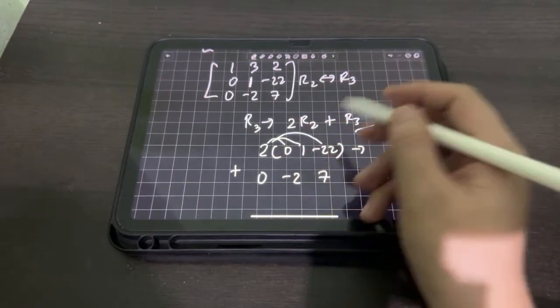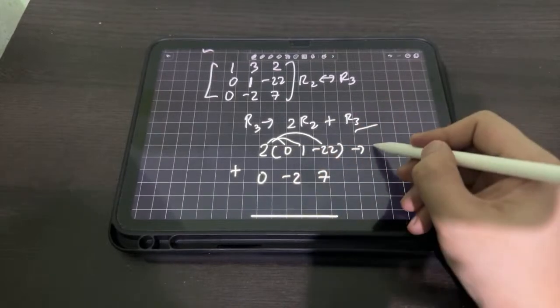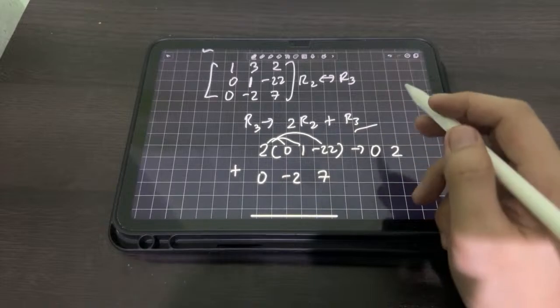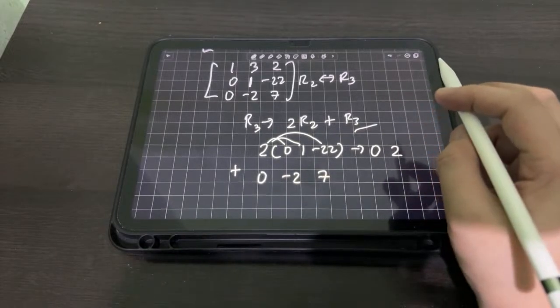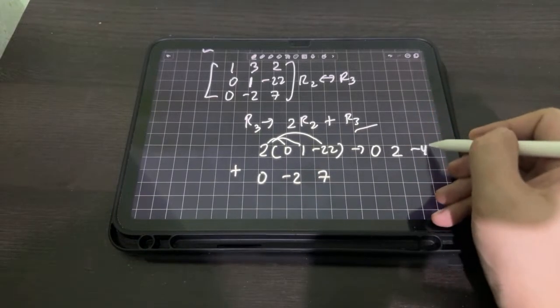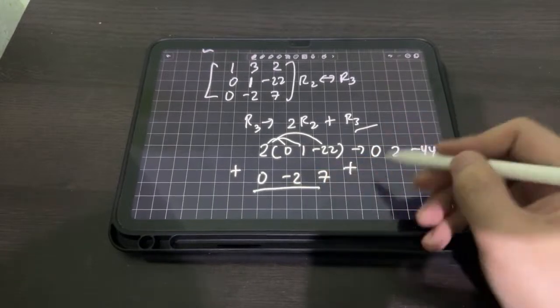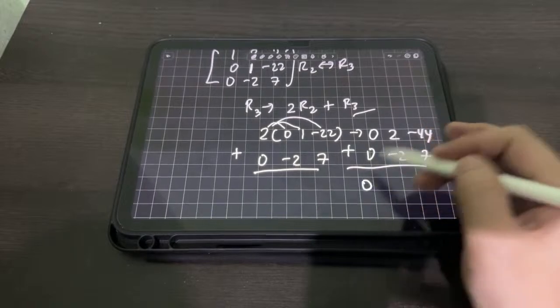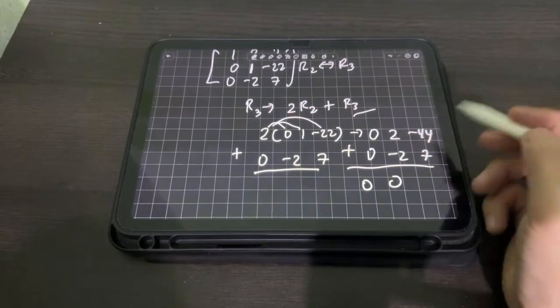But let's distribute the 2 first. So 2 times 0, 0. 2 times 1, 2. 2 times negative 22, negative 44. Then plus 0, negative 2, 7. So 0 plus 0, 0. 2 plus negative 2, 0.